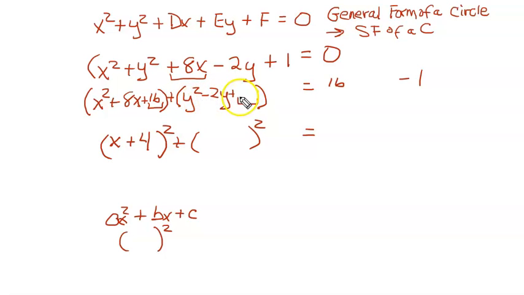Now, the same thing here. This is going to be y. Now, to get our b term from this, we had to multiply these two and then double it. So take half of the b term here. -2 becomes a -1. And to get our c term, we had to square this, which is a 1.